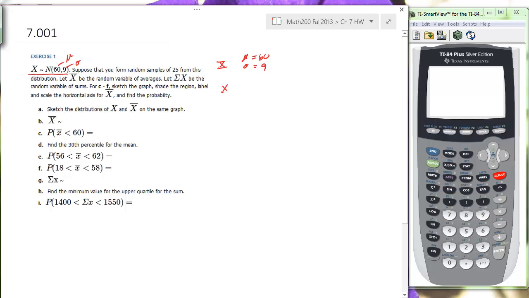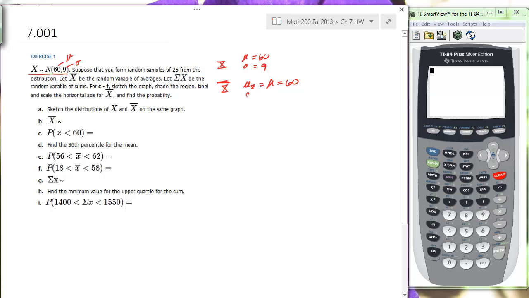Now if we take a look at the random variable for x bar, our mean changes to mu sub x bar. That's just a notation, and it happens that mu sub x bar is the same as mu, so in this case it would be 60.